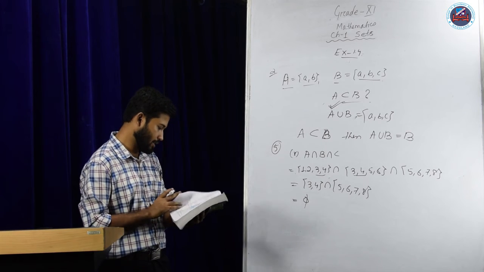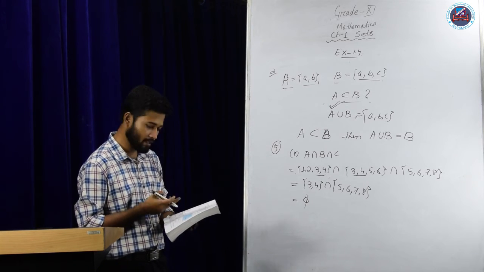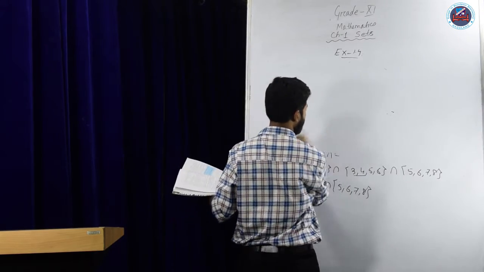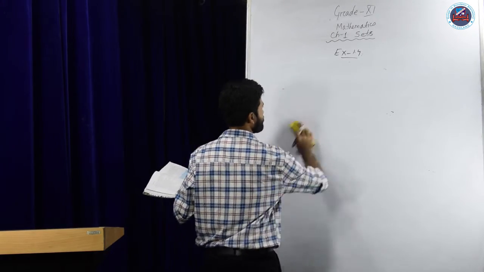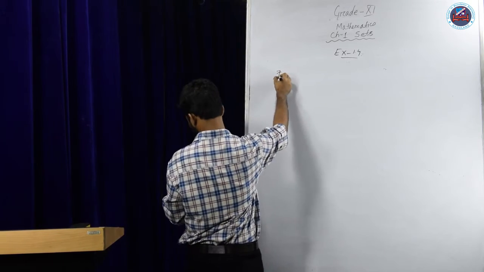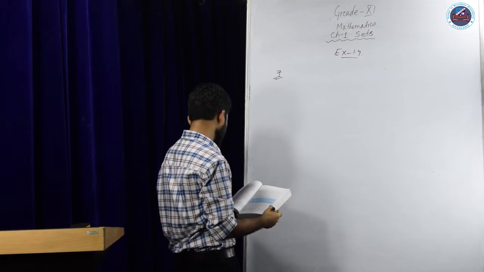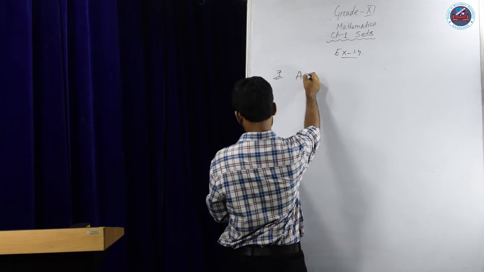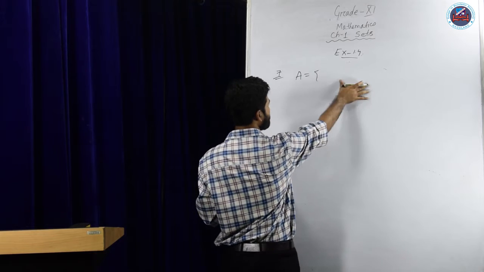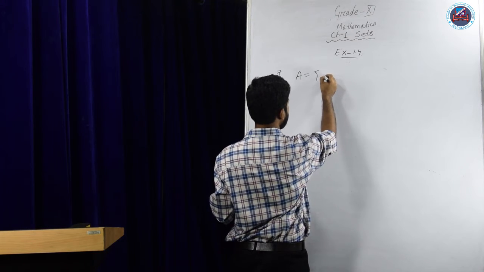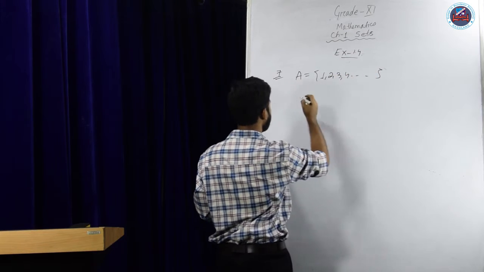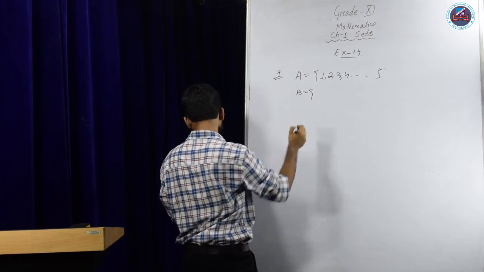So let us see question number 7. So question number 7 says, if x such that x is a natural number. So if x is a natural number, then how can you write this? The elements will start from 1, 2, 3, 4 and so on. What is B given here?